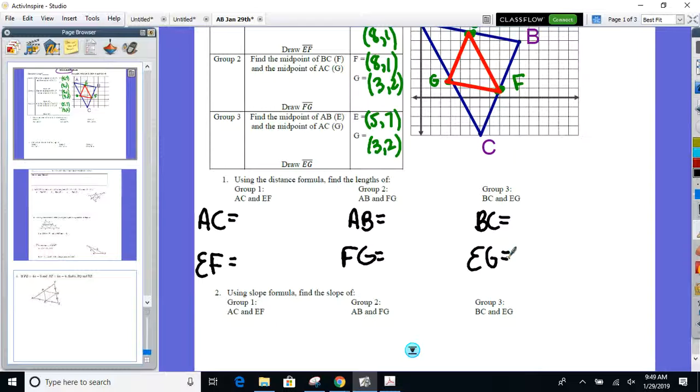Discuss with your group when you're done. You should at least break down one of the radicals. One group should be breaking down both.